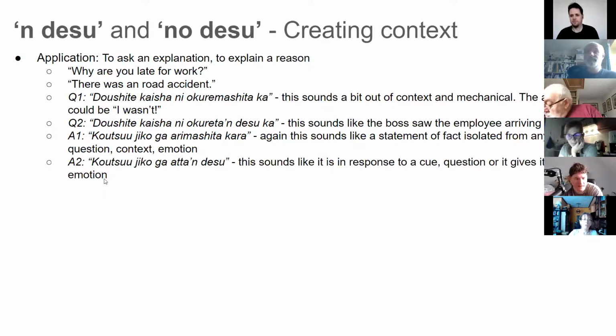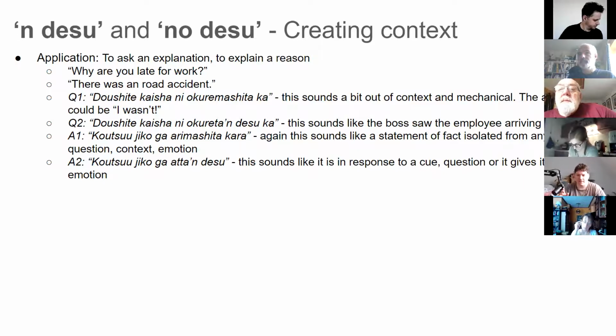Sorry, if I may interject a second. Sure, yeah, go ahead. At some point before, you also said that Nodes made it refer to what was said previously. In this case, instead of just stating there was an accident, if you would say in English, because there was a road accident, so you use the because to infer that you're referring to the previous sentence, would that make a difference, or is that not enough?